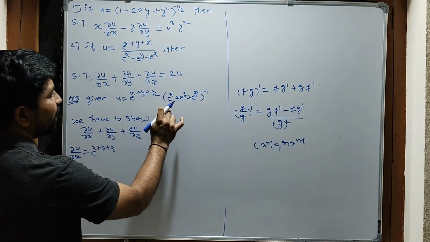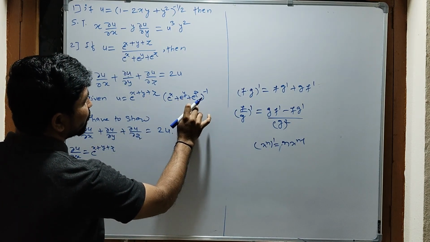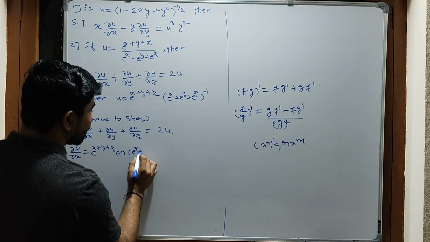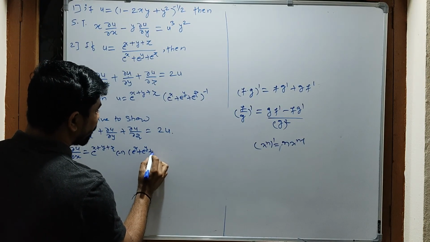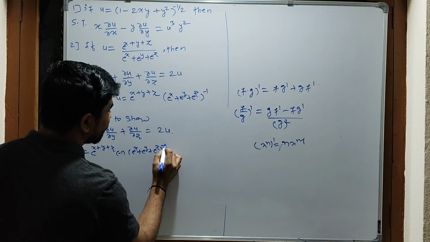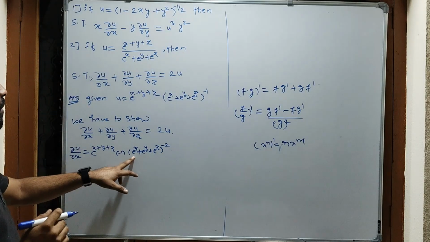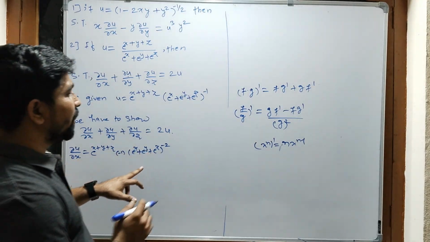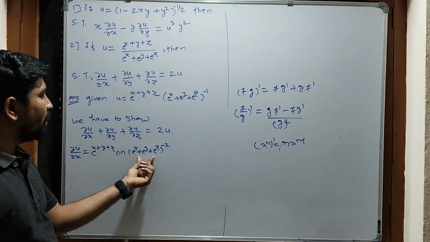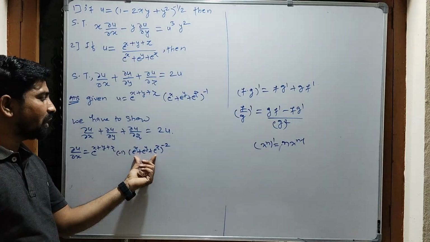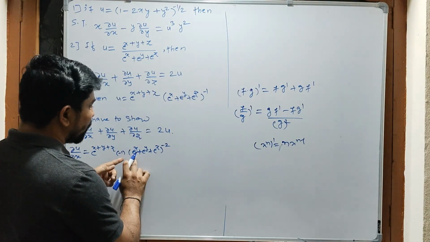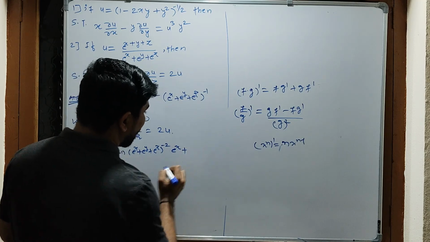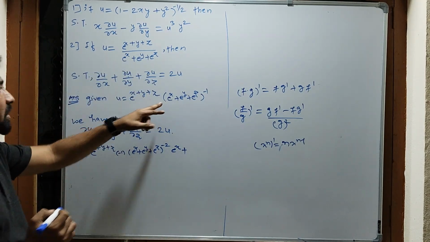So here derivative of e to the power x plus e to the power y plus e to the power z to the power minus 1 is minus 1 times e to the power x plus e to the power y plus e to the power z to the power minus 2 into derivative of this. Now derivative of e to the power x plus e to the power y plus e to the power z with respect to x is e to the power x plus 0 plus 0. This is e to the power x. Now plus second as it is, that is this as it is.